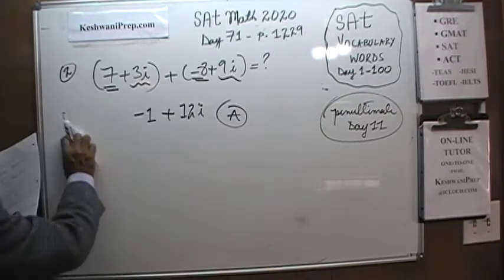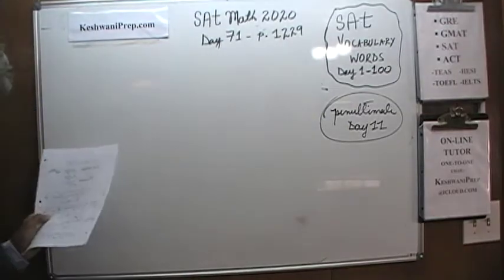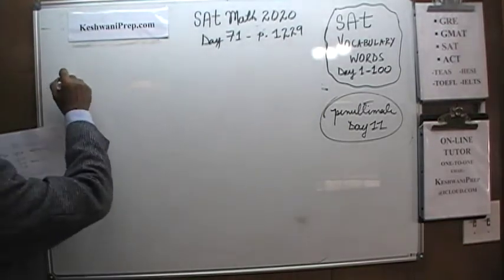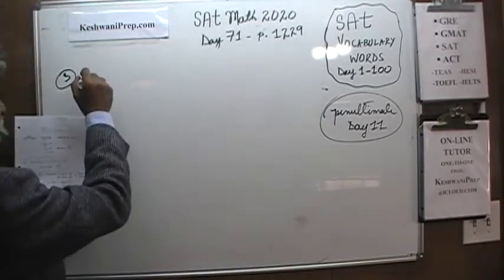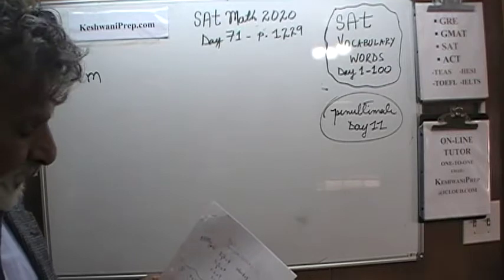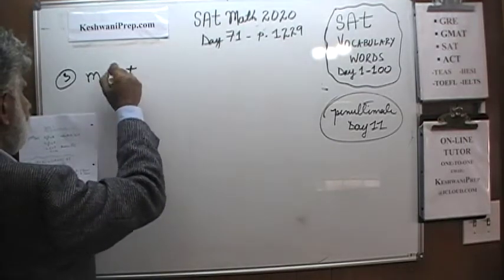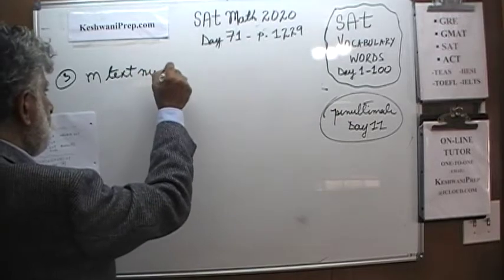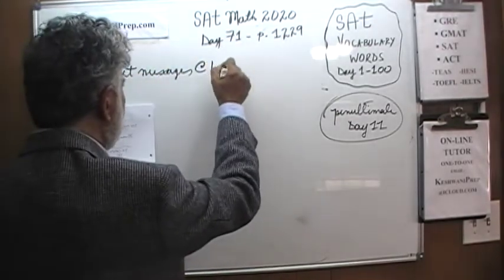Number 3. In number 3, we have two people. We are told that the first person, let's call him Michael, sends M text messages each hour.